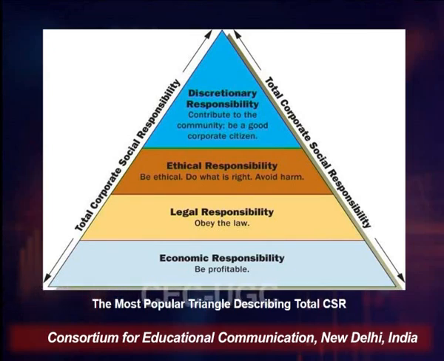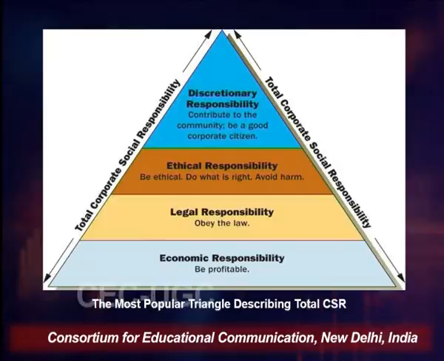If you look at this pyramid, starting from the first step at the bottom, there is the economic responsibility of a business, and that is nothing but being profitable. As a company, it is your responsibility to be profitable, and that is called economic responsibility. This is the prime goal of any business enterprise.